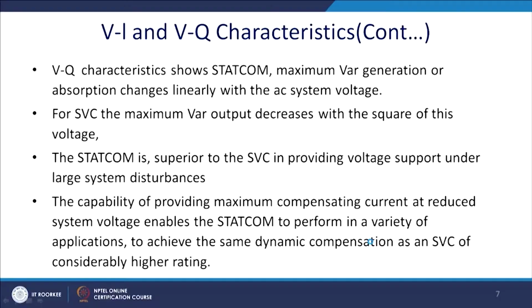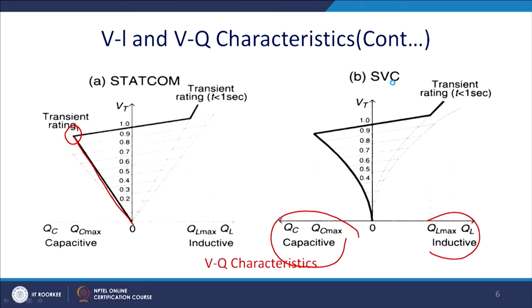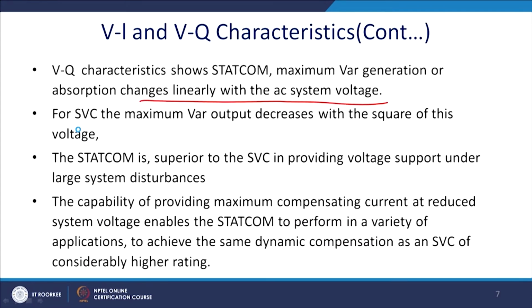The VQ characteristics show that in case of STATCOM, the maximum var generation or absorption changes linearly with the system voltage. But for the SVC, the maximum output var decreases with the square of its voltage, so it is quadratic in nature. So, we can say STATCOM is superior to SVC in providing voltage support under large disturbances.